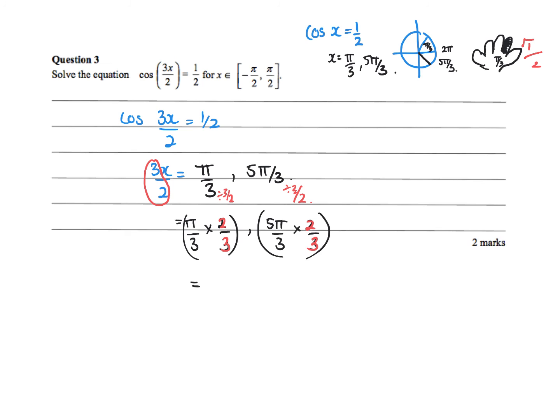Okay, so I end up with my 2 answers. They're actually going to be 2 pi over 9 and 10 pi over 9. Now we've got to go back and think about where they want me to do all my answers from. And they're talking about halves. So I'm going to make it a number that both 9 and 2 go into, which is 18.